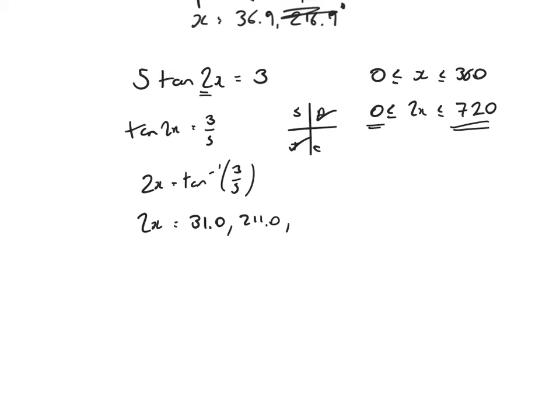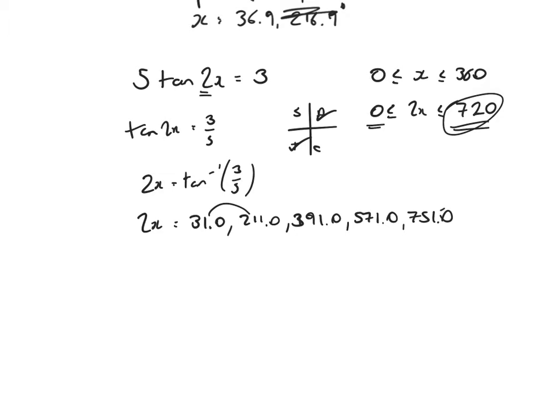So remember that the tan curve repeats after 180 degrees. So 31 plus 180 will give me that 211, but 211 plus 180 will give me 391.0 degrees. And then 180 onto that will give me 571.0 degrees. And then a further 180 will give me 751.0 degrees.